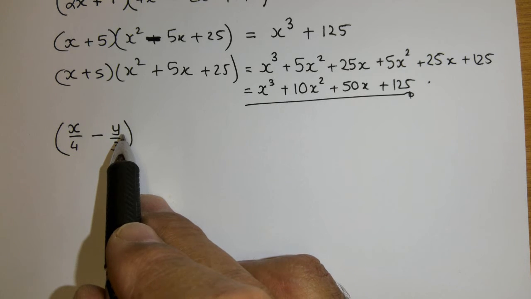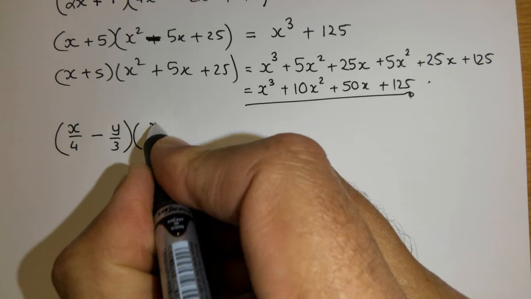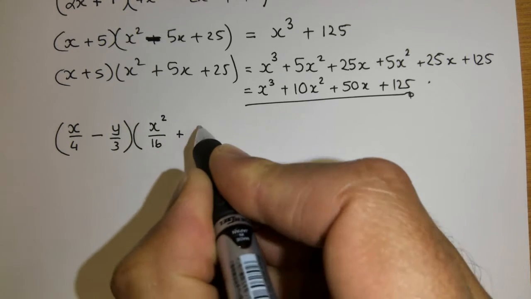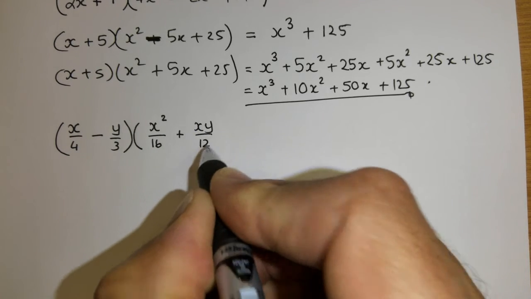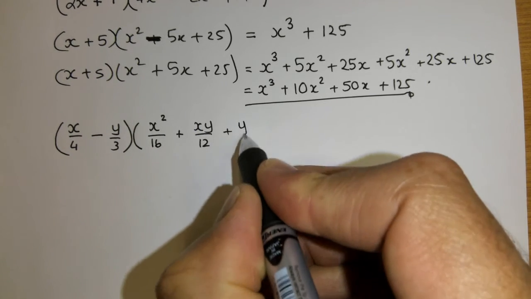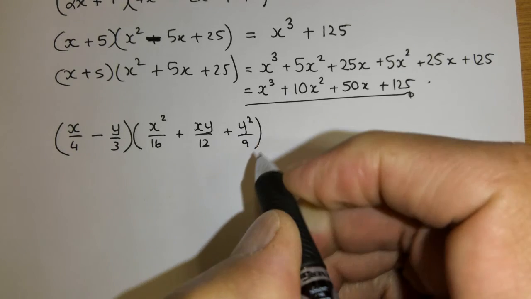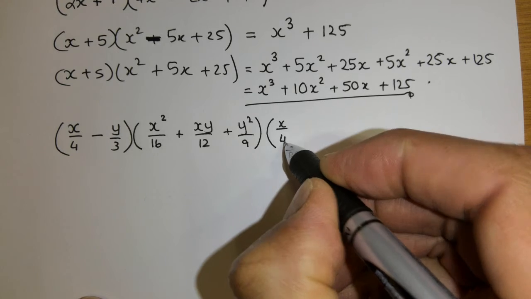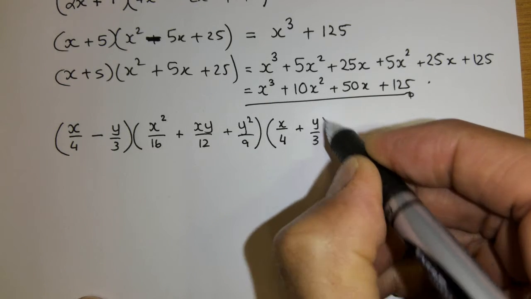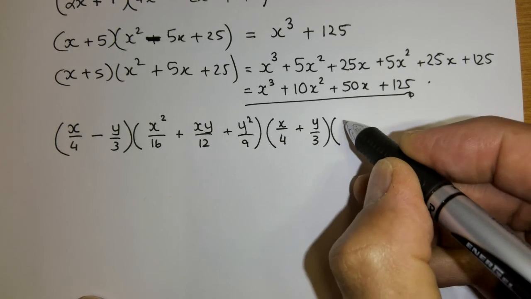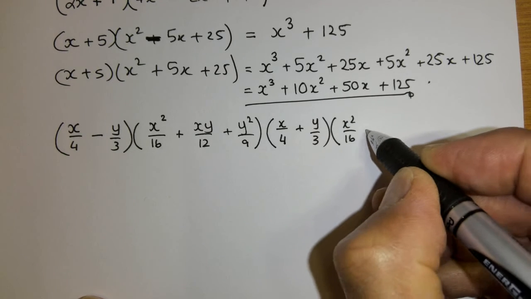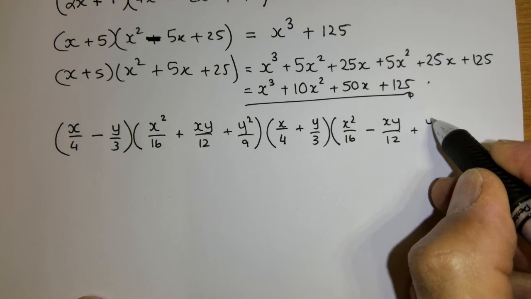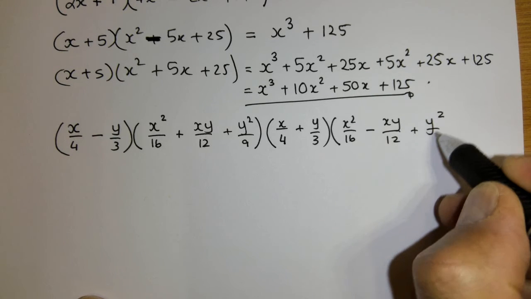This needs to be multiplied by x squared over 16 plus xy over 12 plus y squared over 9. And that again has to be multiplied by x over 4 plus y over 3 multiplied by x squared over 16 minus xy over 12 plus y to the power of 2 over 9.